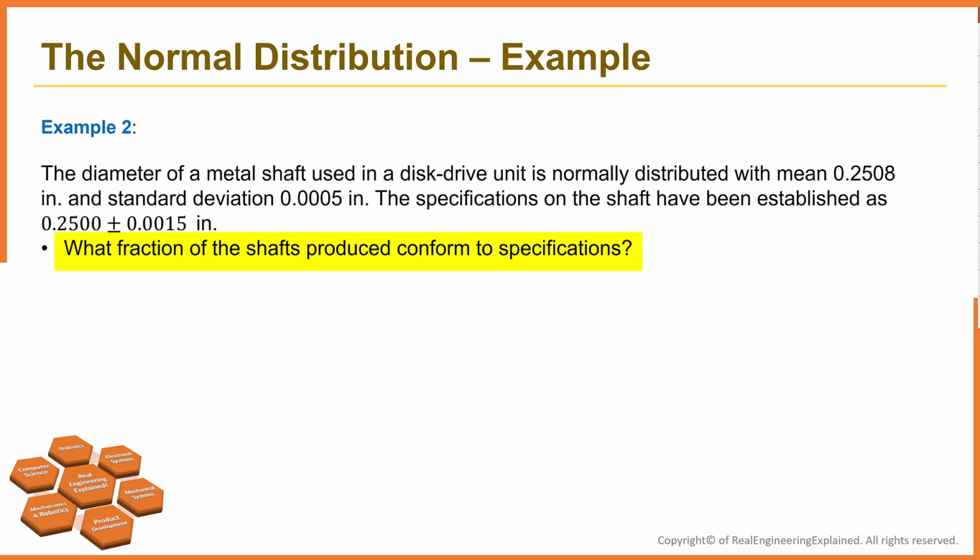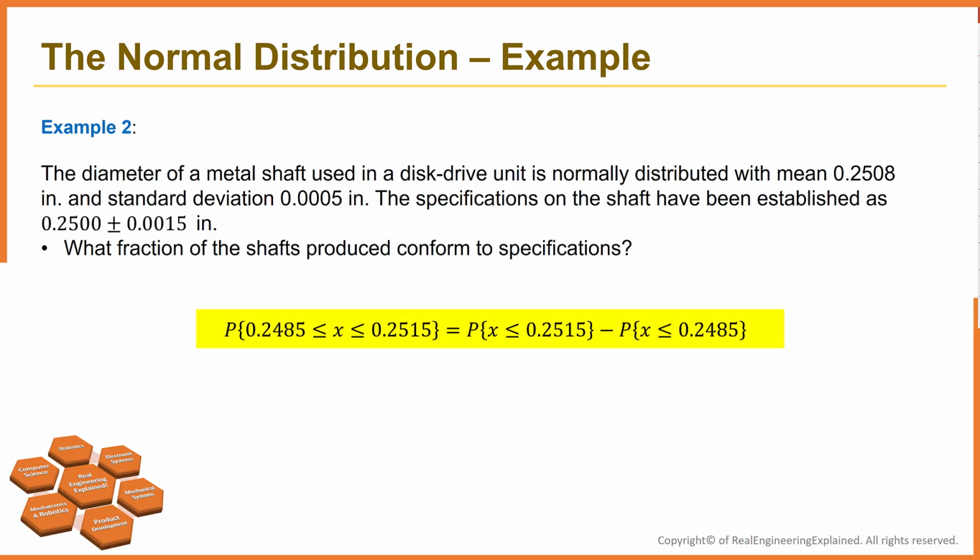The question is, what fraction of shafts produced conform to specifications? So we need to look at the probability that x is between 0.2485 and 0.2550.